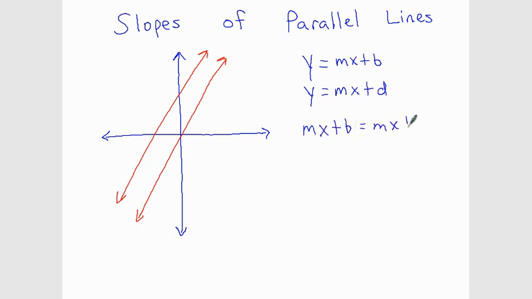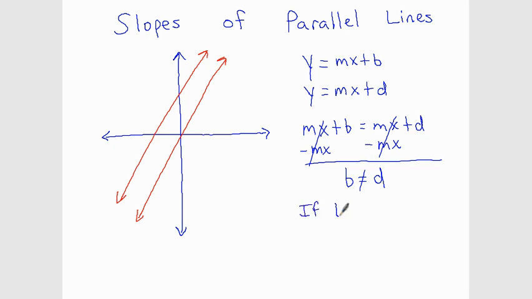And if we set these equal to each other, substitution style, I get mx plus b equals mx plus d. And I can start combining like terms: subtract mx, cross those off, and I get b equals d. But remember, b does not equal d. So in a solution set, if b equals d, then they are the same line.